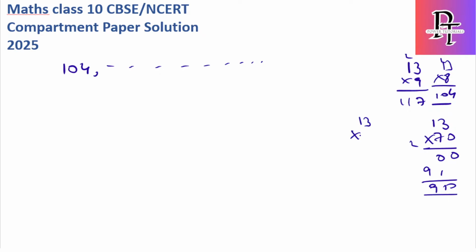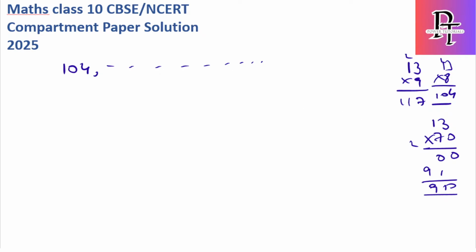Let's take 75: 5 3s are 15, 1, 5 1s are 5, 6, 7 3s are 21... So we need to get the last number divisible by 13.